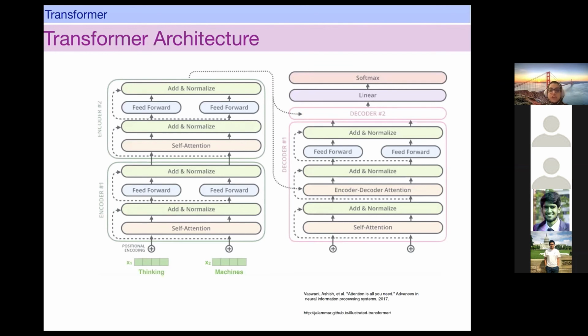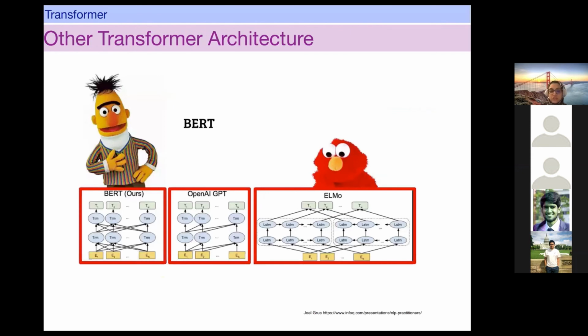And people started using this transformer architecture to create other architectures like BERT, GPT, and Elmo, and all of them are based on this transformer with different types of layer normalization, different numbers of encoders, different decoders, trained on different tasks.